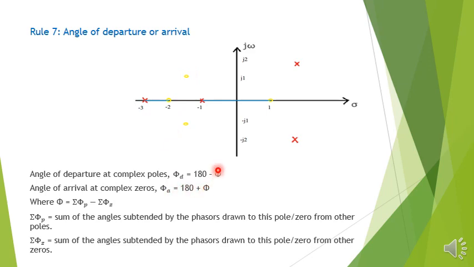Now the question arises, what is this phi? Phi is equal to sigma phi p minus sigma phi z. So what are phi p and phi z? Sigma phi p is the sum of the angles subtended by the phasors drawn to this pole or zero from the other poles, because it may be applicable to angle of departure or angle of arrival.